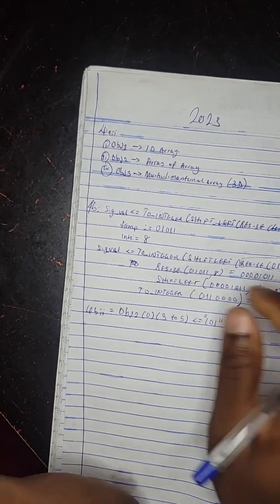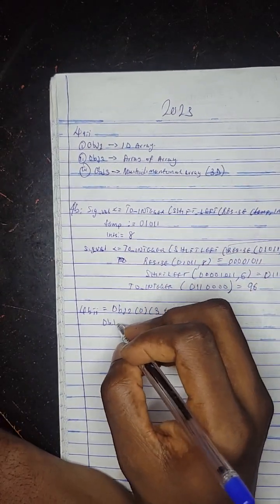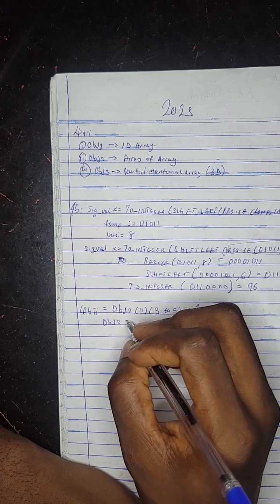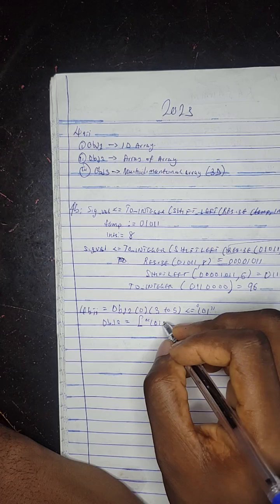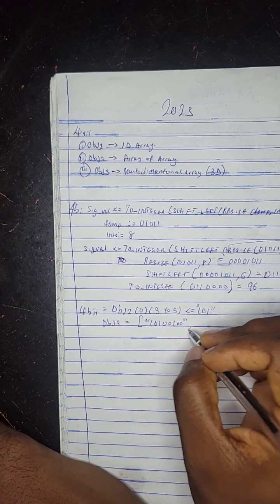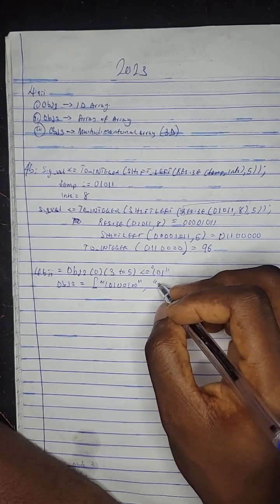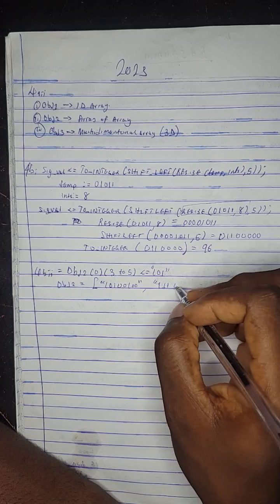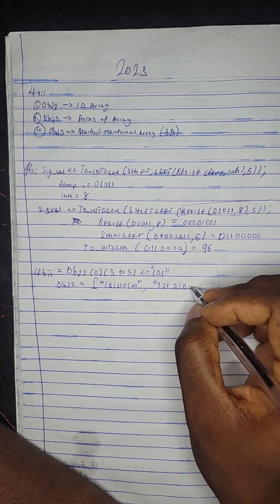So now to break this down, let me say we know that object 2 is equal to 101 0 0 1 0 0 and 1 1 1 0 1 0 1 0 0 1.